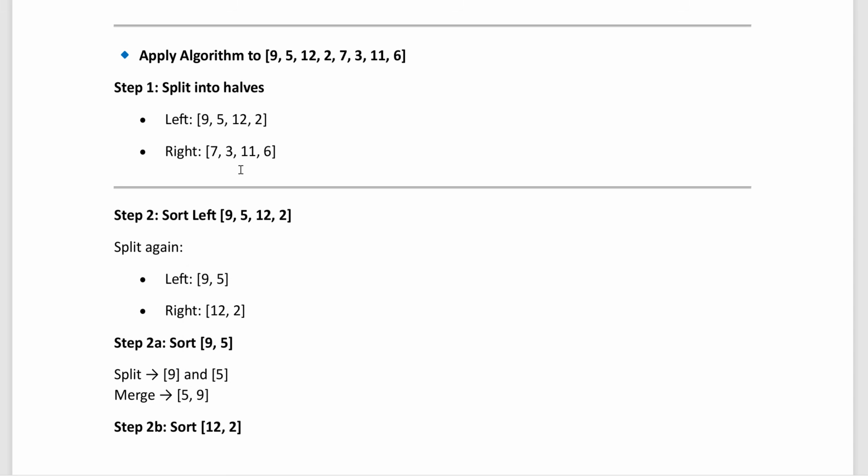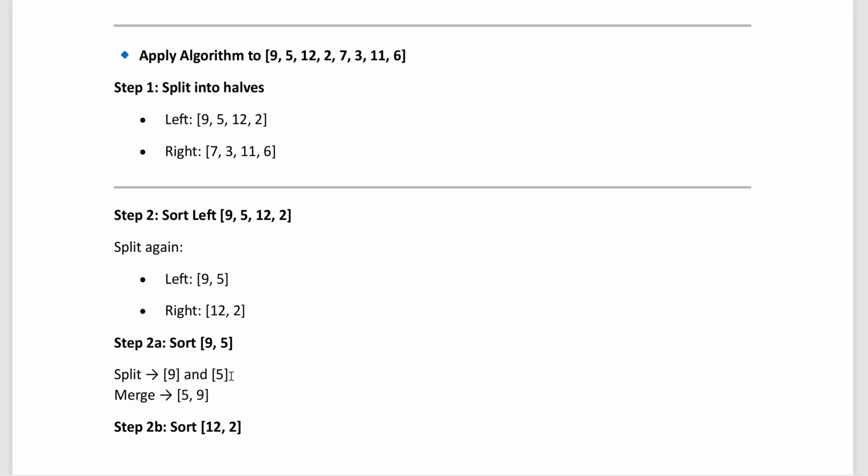We split the arrays into half and half until only a single element is left. So we divide the array 9, 5 into two equal halves, and we get only one element in each of these two arrays. The first array contains a single element 9 and the second 5.